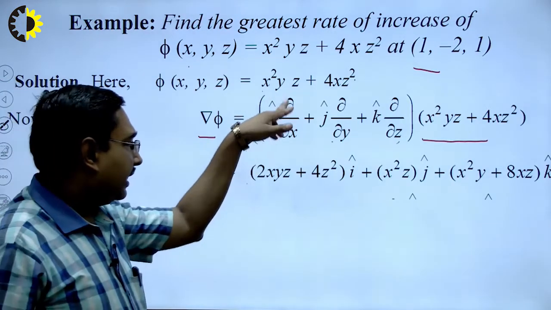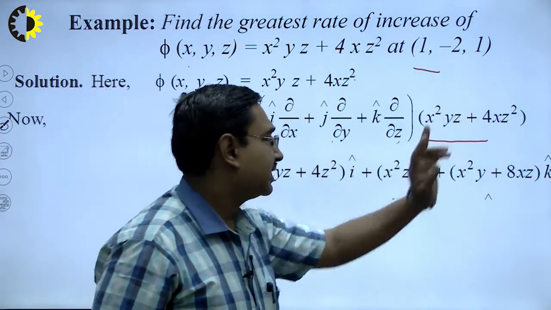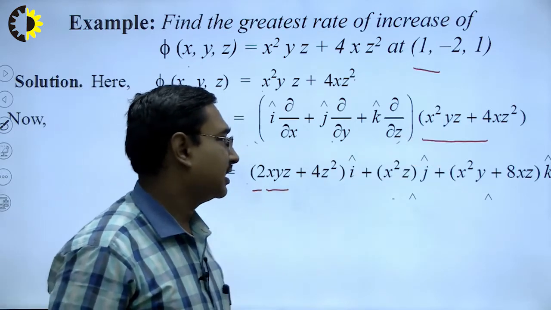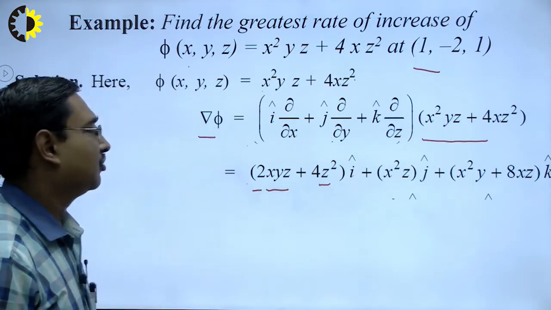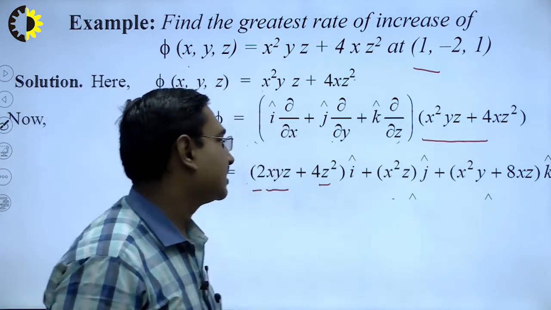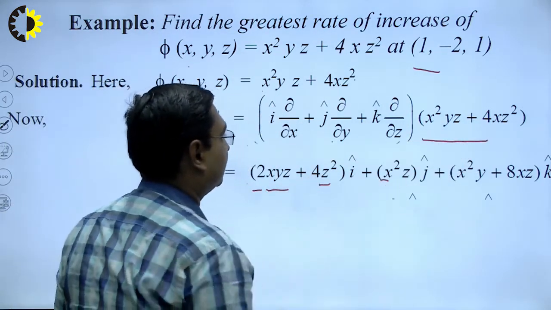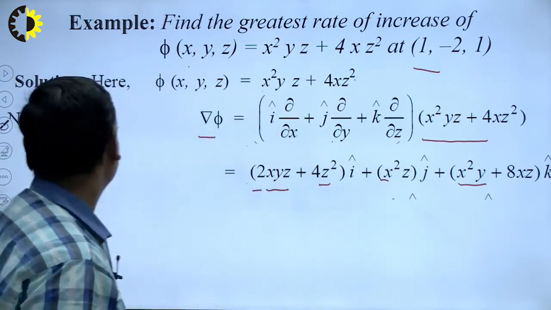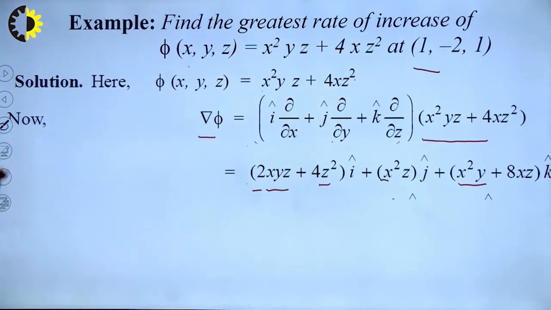By applying del by del x on this expression, I obtain 2xyz from the first term and 4z square for the second term. Operating del by del y over this, I obtain x square z, and similarly the third term will be this. This is the value of the gradient of phi.